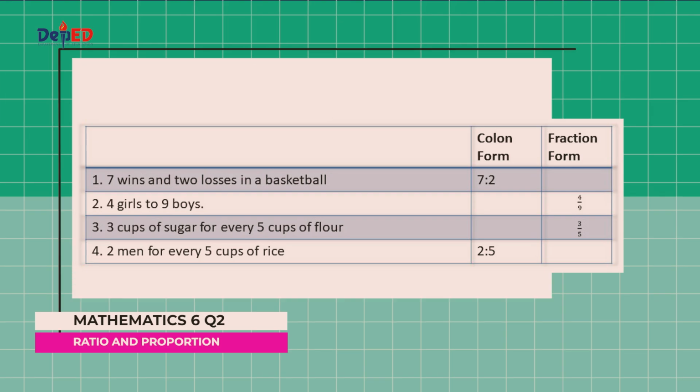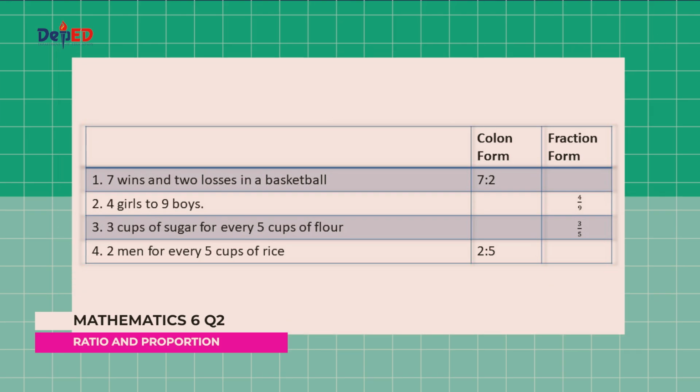In number 1, the missing form is fraction form. So the answer is 7/2. For number 2, the missing form is colon form. So the answer is 4:9.